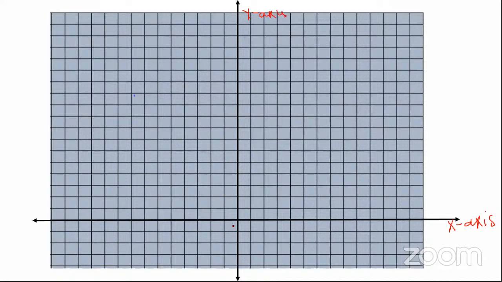So this is a starting point and we give it a 0. Then on the x-axis we have the positive side and the negative side. So where is the positive side and where is the negative side? Esther? The negative side is on the left.